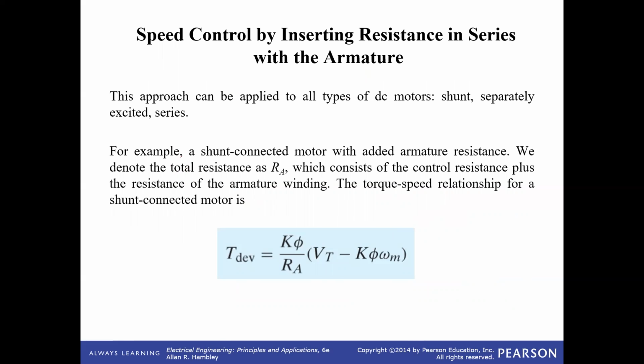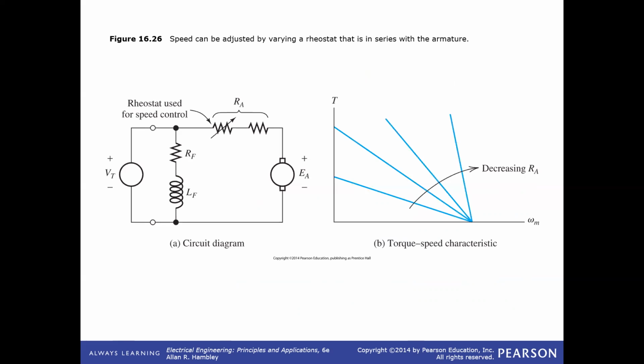Okay. The third one, or maybe the simplest one, is by inserting a resistance in series with the armature circuit. Okay, for example, like this. So this is your RA, and you add another variable resistance. Okay, so when you change your resistance, you will have a different torque speed characteristic of the motor.